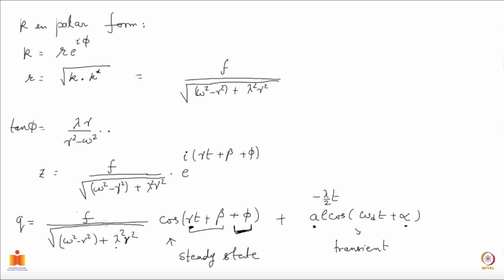This part, the steady state part, has nothing to choose and fix. Those parts which can be chosen are present in the transient part, which dies away anyway.